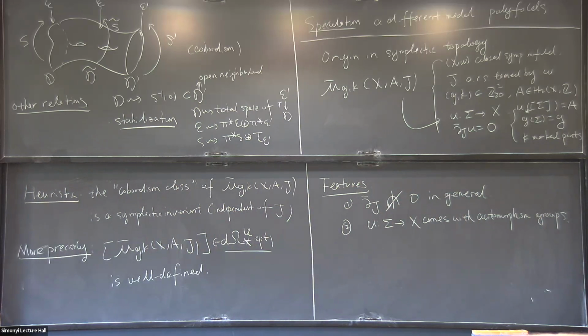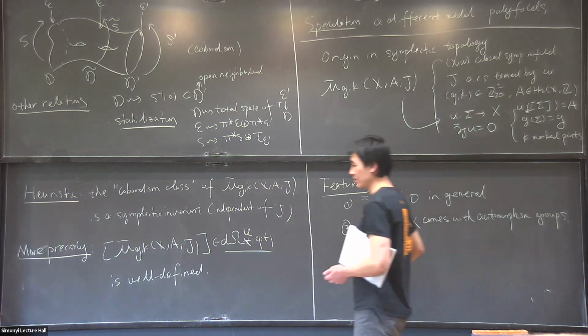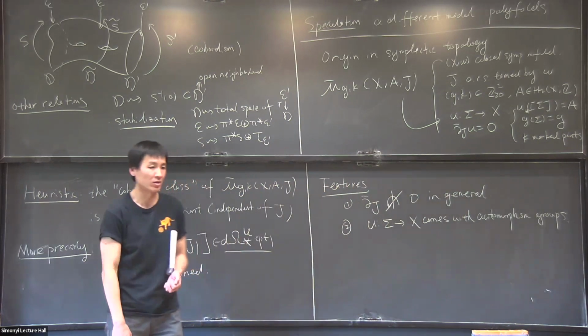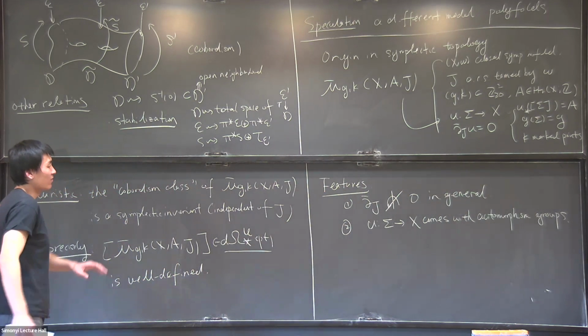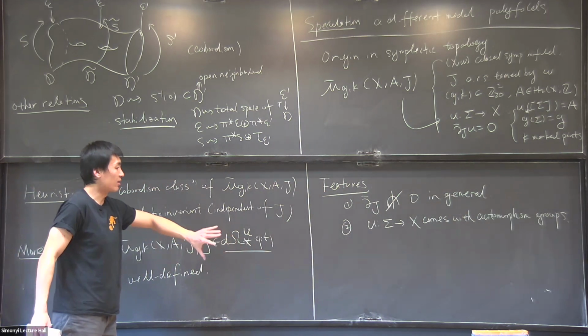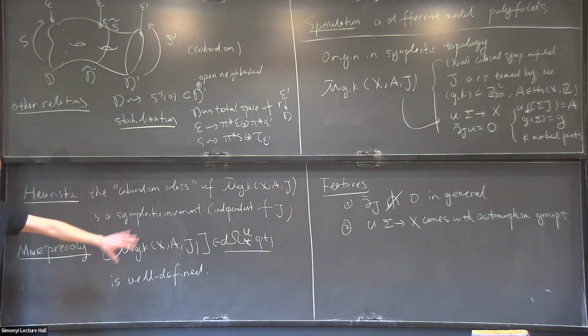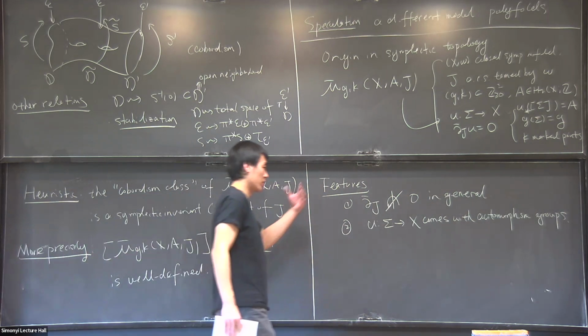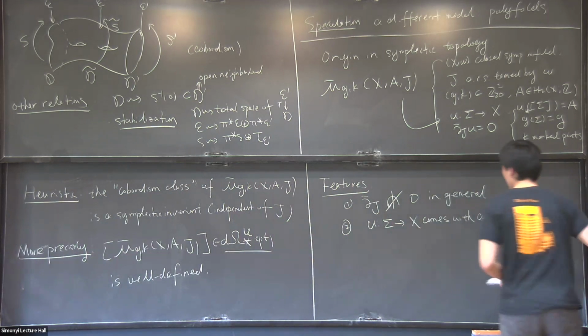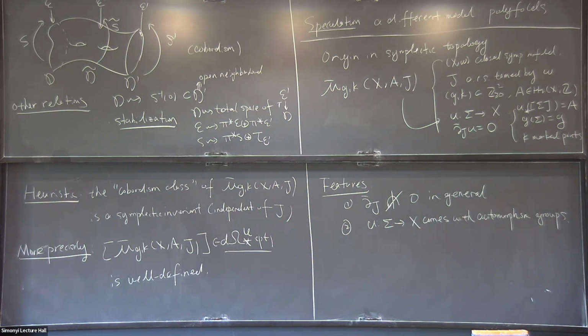And then you realize that if you want to perturb your del-bar section to make it transverse, there's some obstruction. You cannot do that. That's why instead of getting an element inside the original complex cobordism group, we only get a version in this kind of derived or triple from these moduli spaces.